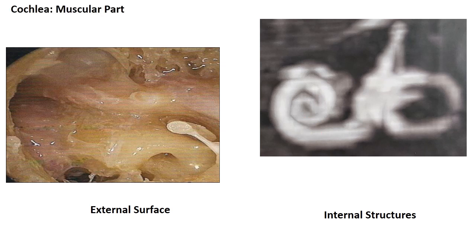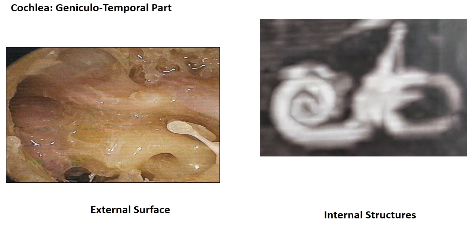The muscular part consists of the middle and apical turn, and on both sides there will be the ascending basal and the descending basal. So if you dissect deep to these portions, you are going to come across these parts of the cochlea, mainly the middle and apical, and parts of the ascending and descending parts of the basal turn.